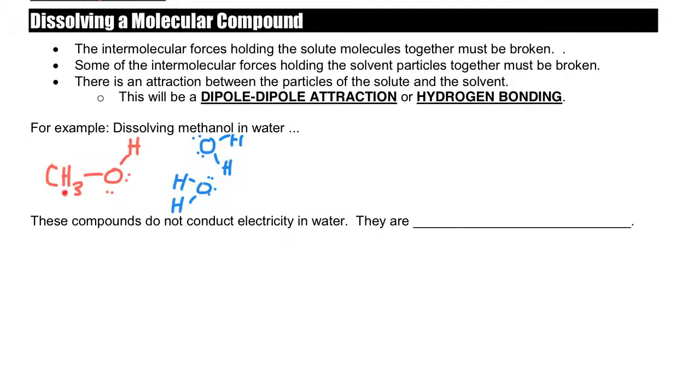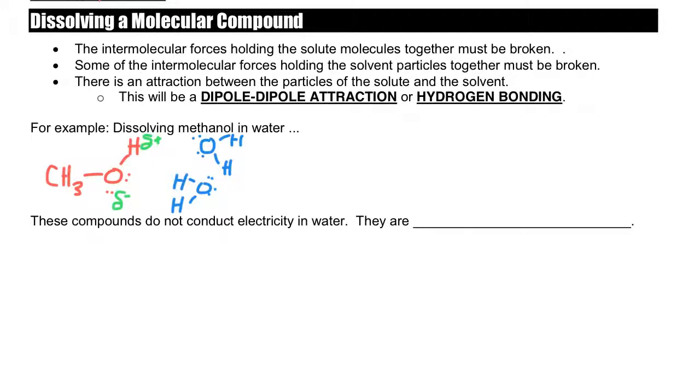With a methanol molecule, you have this OH structure. That's a polar bond between oxygen and hydrogen. The oxygen is more electronegative than the hydrogen, so the oxygen is going to be slightly negatively charged. The hydrogen will be slightly positively charged. The same thing happens in the water molecules.